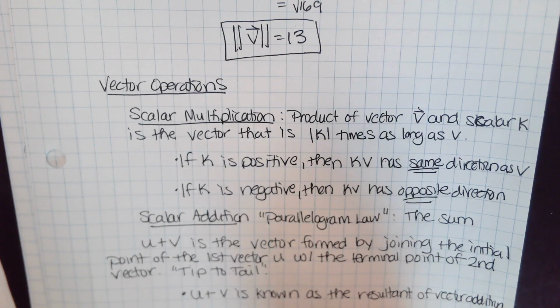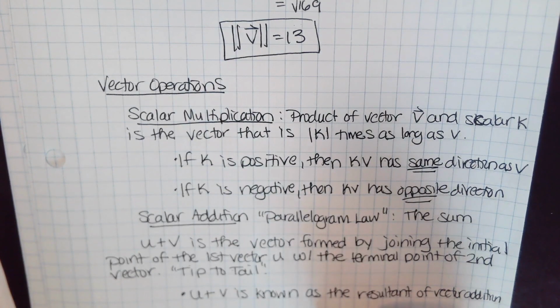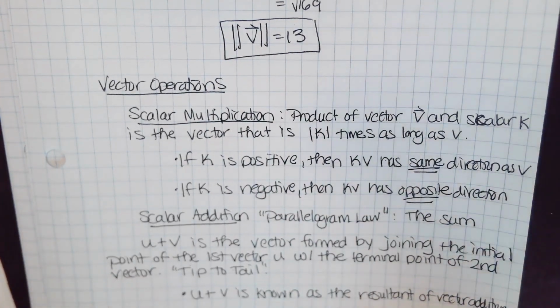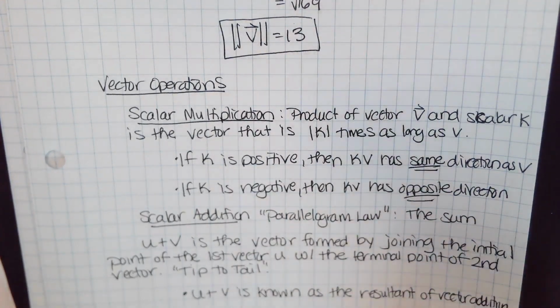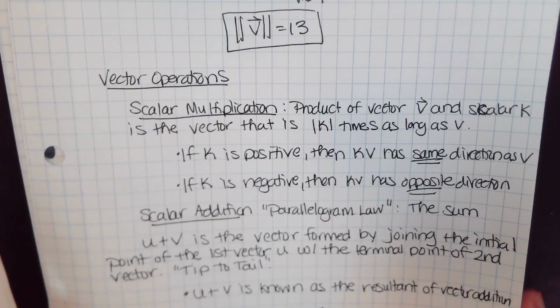So the tail of one goes to the tip of the next. So that's vector B, vector A, and then this would be the sum of your two vectors. So tip to tail, and that's how you would do your addition.